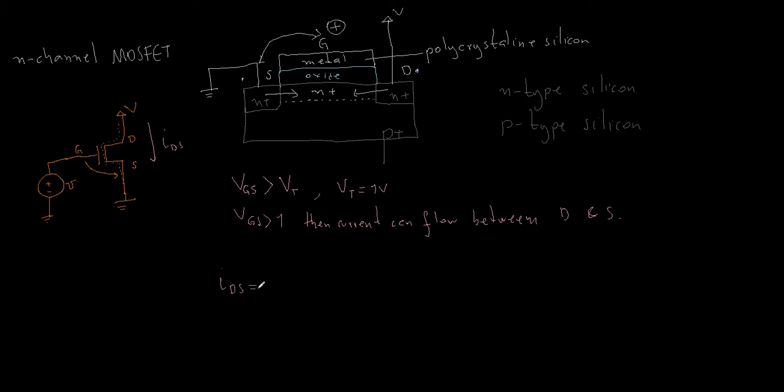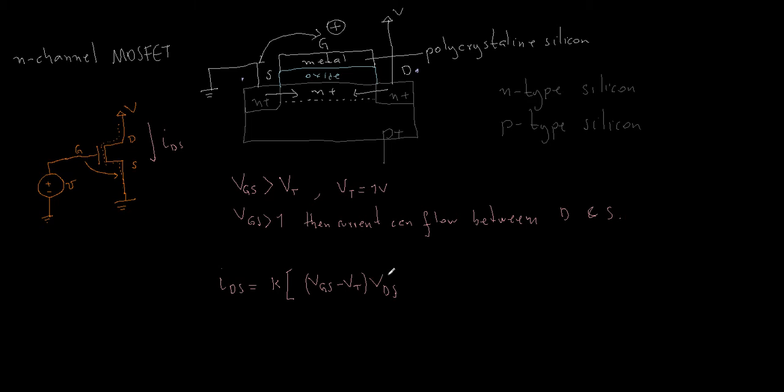From that we subtract VDS squared over 2. And so this is the expression for the current in terms of the voltages VGS and VDS. For this equation to hold, again VGS has to be greater than V threshold.